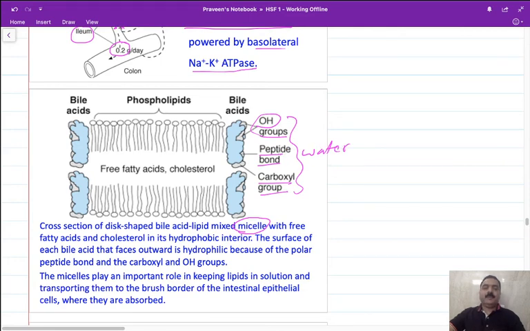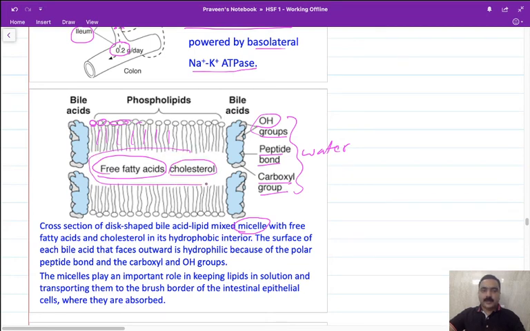Okay, and also you can see the phospholipids. Okay, the phospholipids contain what? The phosphate groups. Okay, the glycerol and the phosphate group, these are all the water loving part, but these chains that you see downwards, they are the fat. Okay, and the digested free fatty acids, the digested cholesterol, etc., will be there in the center.